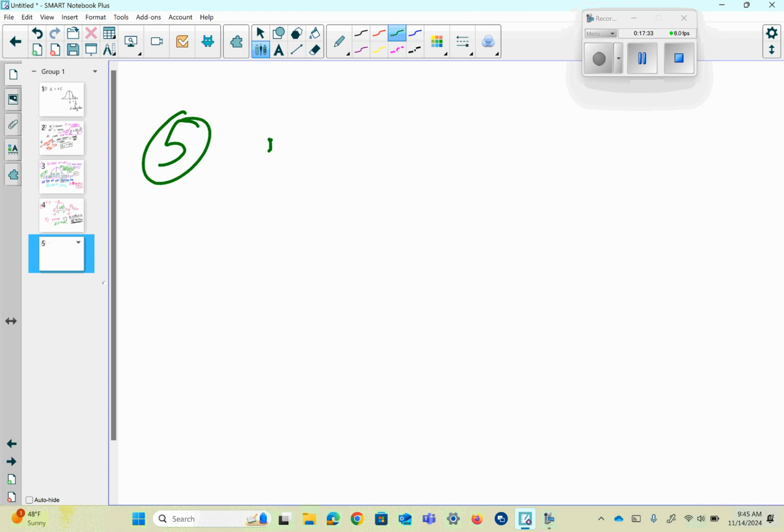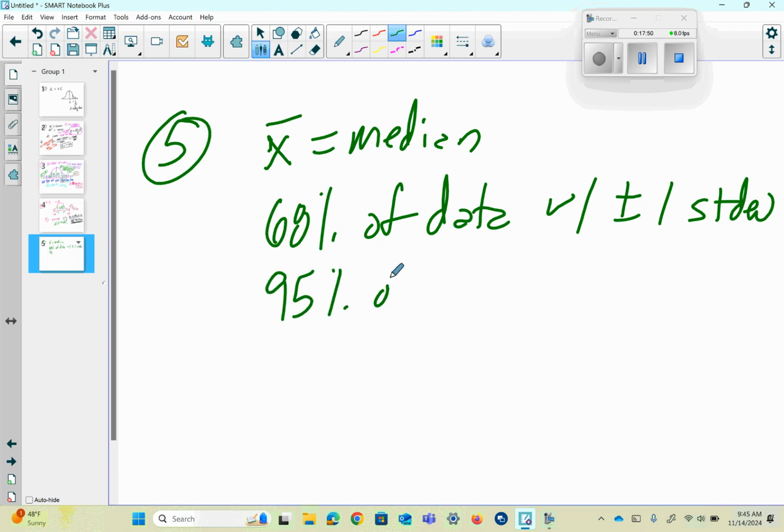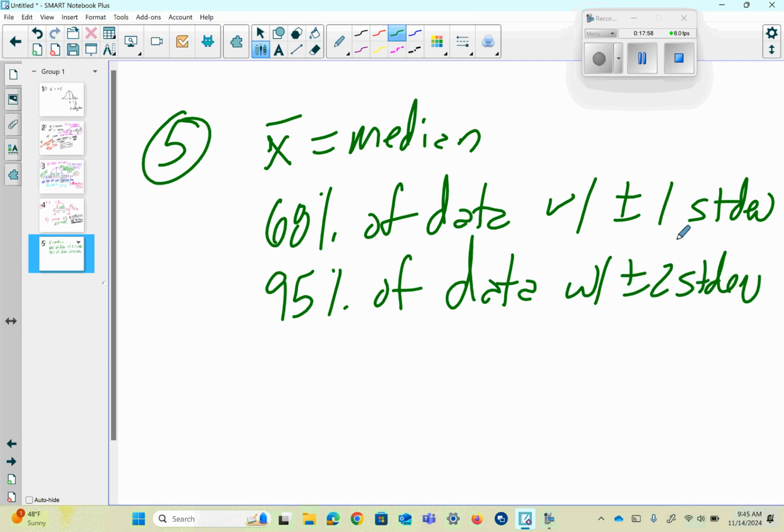So basically the mean and the median are equal. 68% of data within plus or minus 1 standard deviation. 95% of data within plus or minus 2 standard deviations. 99.7% of data.